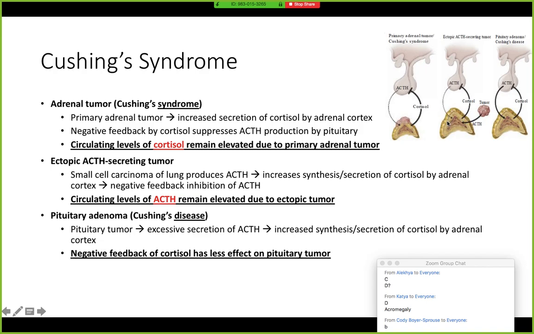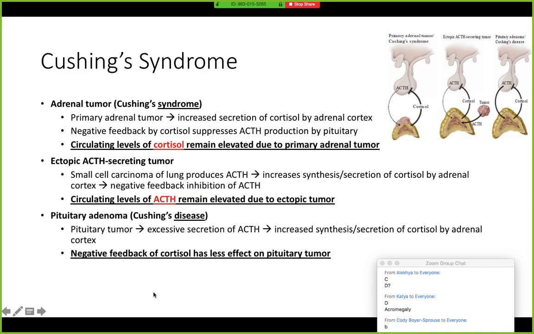And then the increased release of cortisol is going to feedback inhibit the release of ACTH by the pituitary gland. However, your circulating levels of ACTH are going to remain elevated due to the fact that you have a tumor in an ectopic location that's also secreting ACTH, and it's not just coming from the pituitary gland.